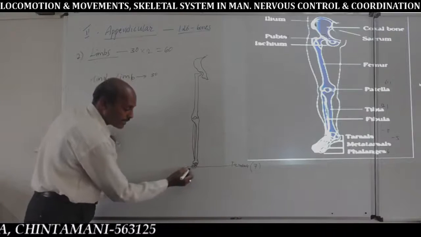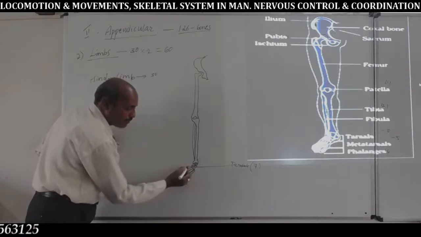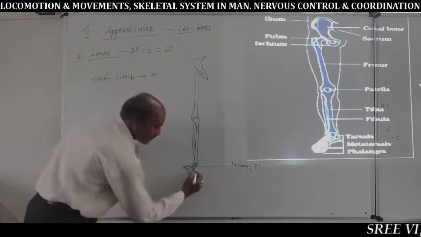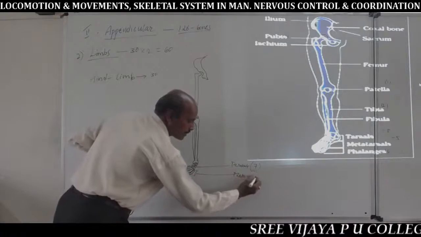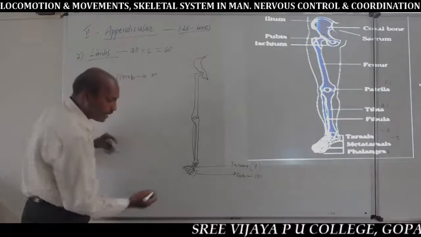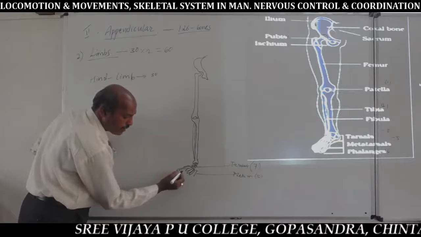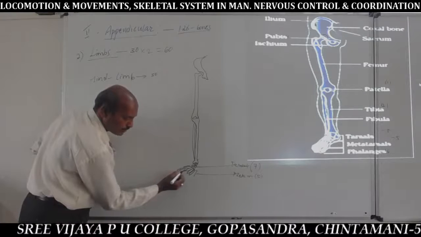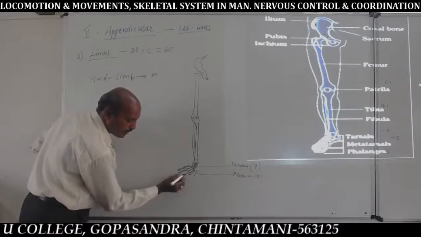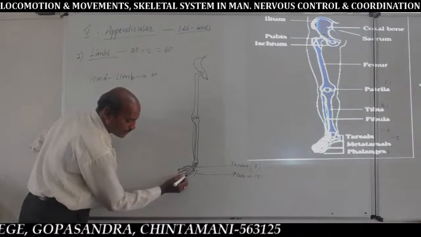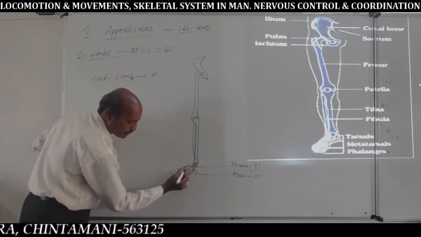Your tarsals are connected to the metatarsals, 5 in number, and the 5 metatarsals are connected to the phalanges.